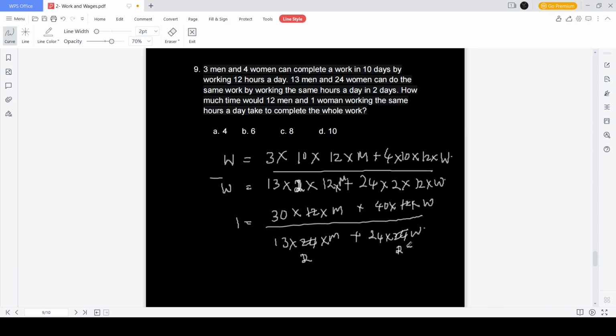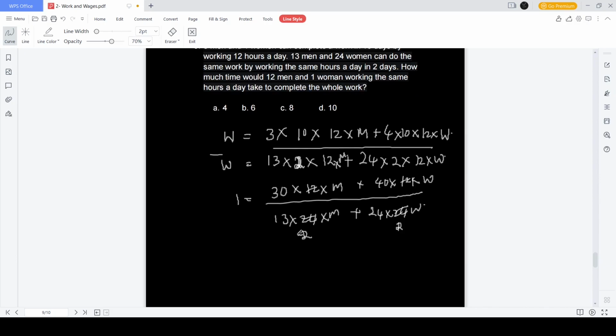So we'll just cross multiply. We will get it as 26M plus 48 women, the efficiency, is equal to 30M plus 40W.